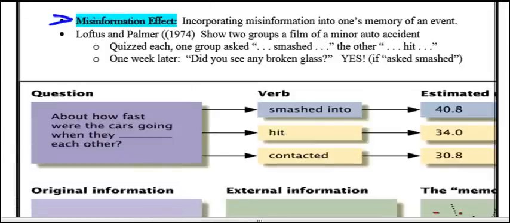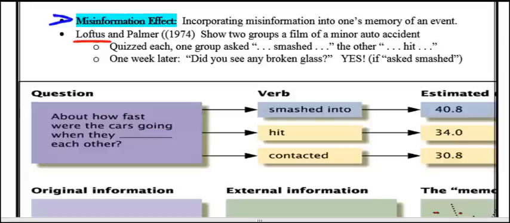So misinformation effect basically refers to subtle misinformation after an event has occurred actually being incorporated as an actual memory. And very famous researcher Loftus, one of the big gurus of all memory research, shows two groups of students a film of a minor auto accident.